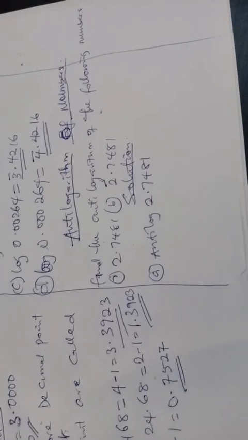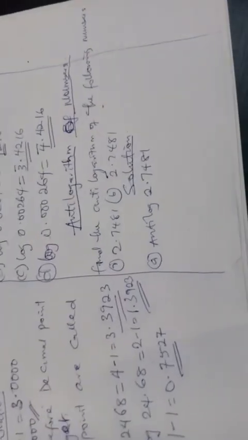All you just get to do is take your table and check what you have there. Let's take our table. This is the antilogarithm table. Can you see it on top? Antilog, that's antilogarithm, and if you shorten it, it's antilog.